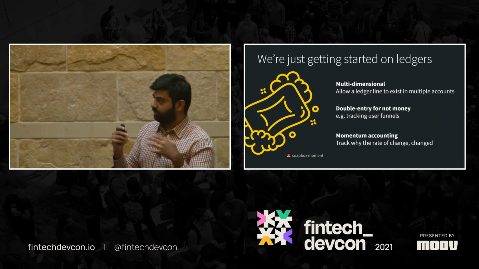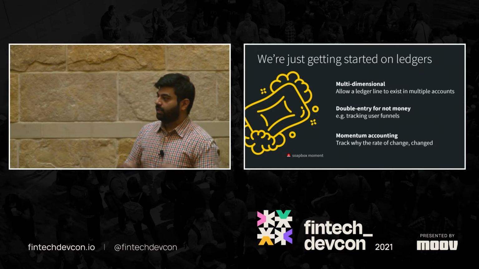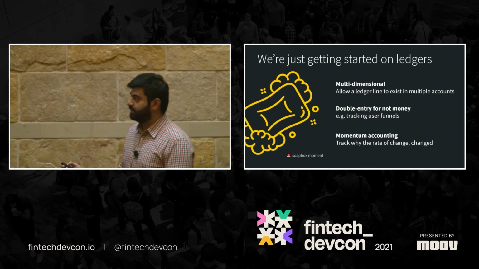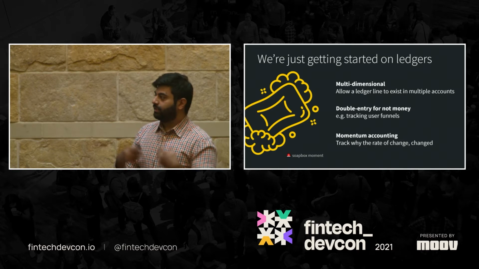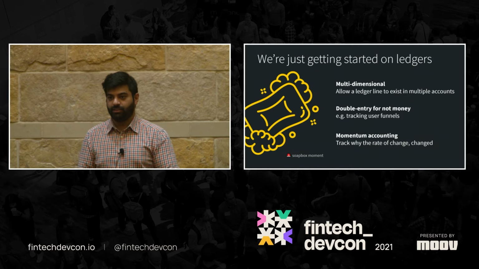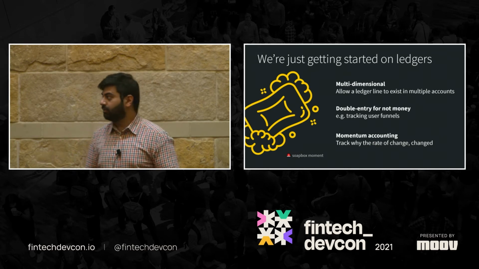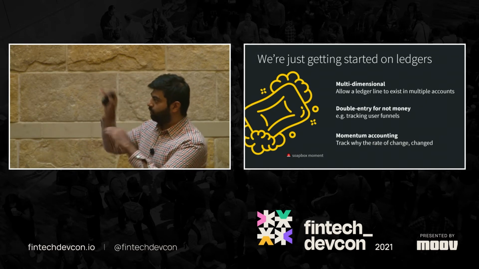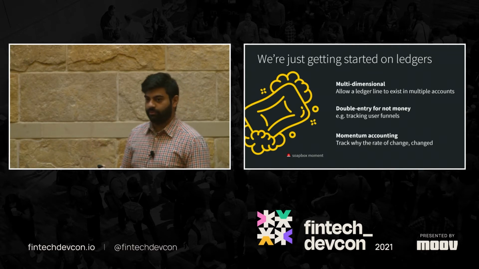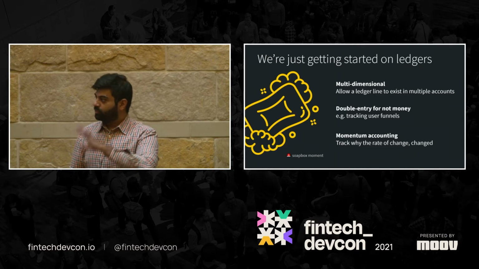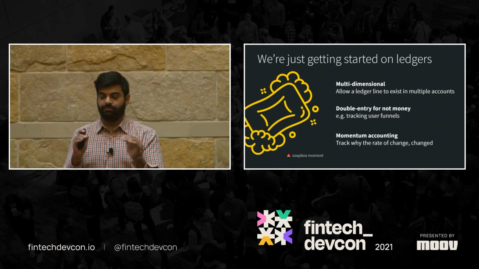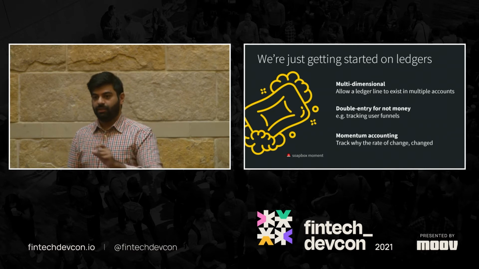But now we are at a point where most of the transactions happening in the world are through automated systems, not humans, so you can solve much more interesting problems and add more capabilities to the ledger. I won't go through all of these, but here are some of the ideas that accounting researchers are playing around with. So far, for example, we saw that a transaction appears in only one account, right?